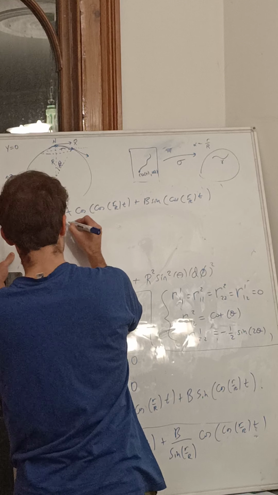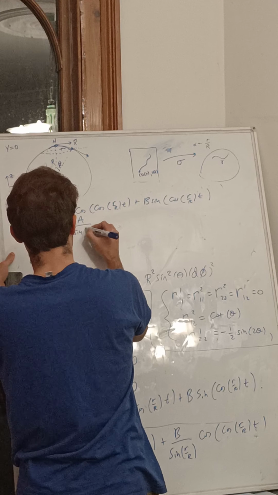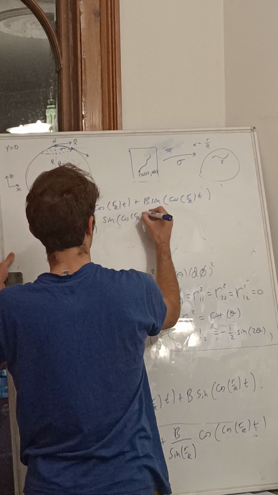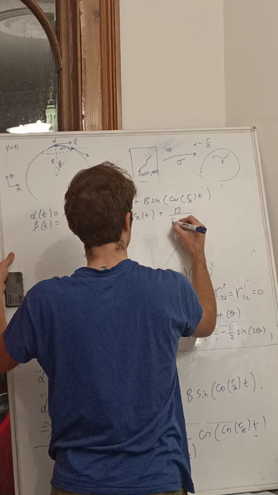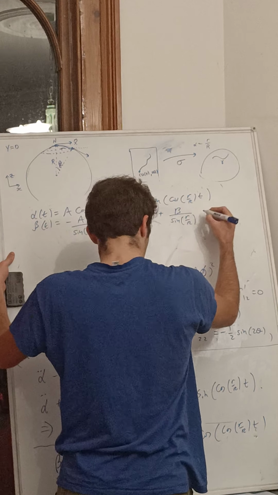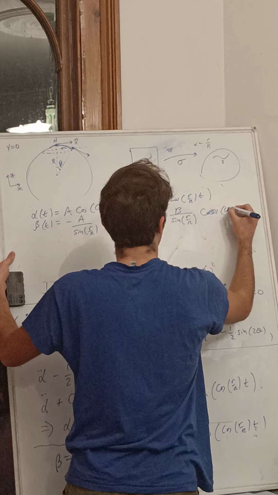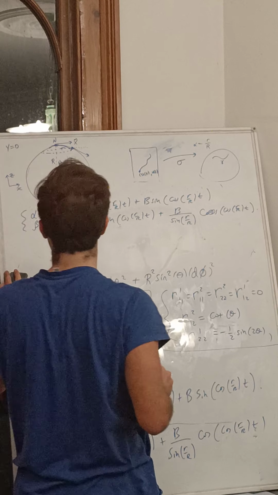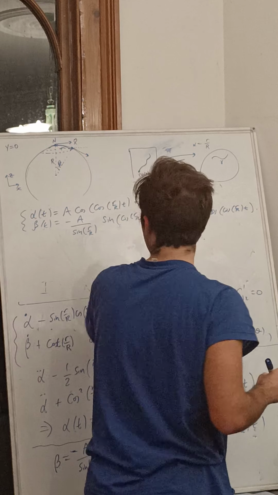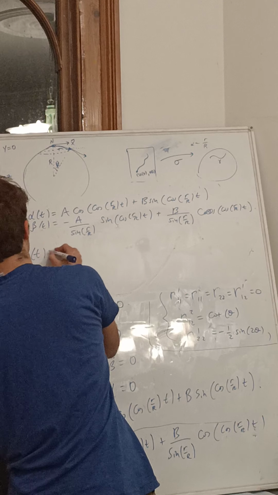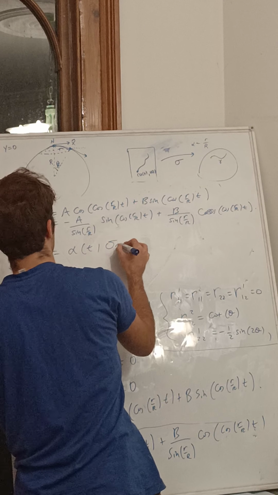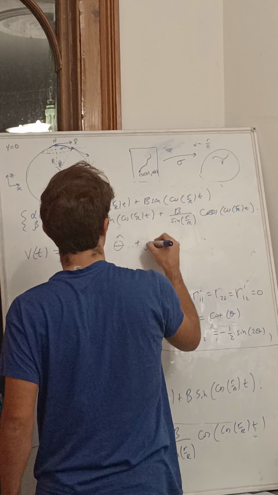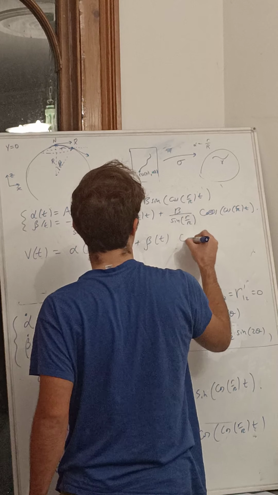Beta of t is minus a divided by sine of little r over r times sine of cos of little r over r times t plus b over sine little r over r of cos of little r over r times t. Right, so these are my equations for alpha and beta. Now don't forget v of t is this, and sigma theta, that's nothing but theta hat. Beta of t, we call that phi hat.